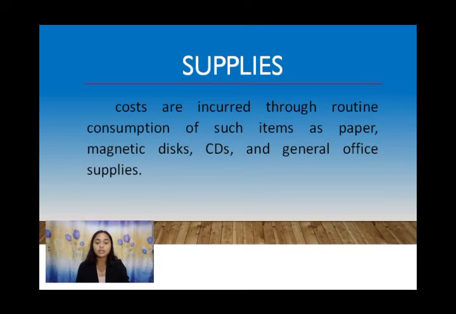Next in recurring costs are the supplies, which refers to the cost of consumables used during a reporting period. It is defined as an academic term that refers to the quantity of a particular product or service that suppliers offer to consumers at a specified price and at a certain period.